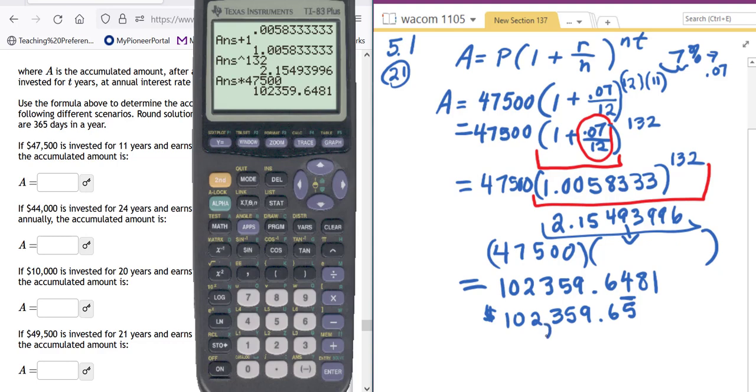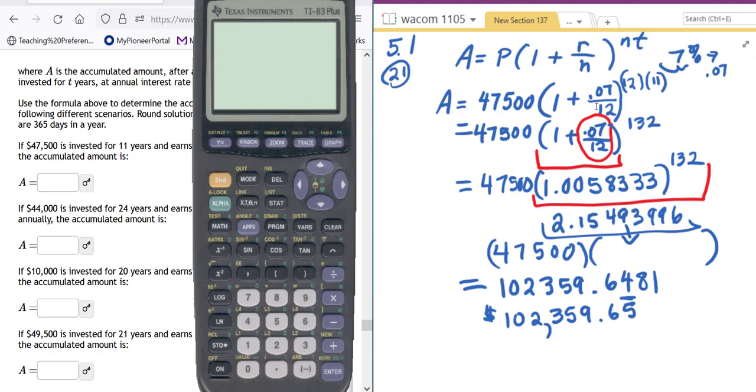Now, if you don't want to be as conservative as I am, and you wanted to put more in your calculator at one time, you could, as long as you never hit enter and you're very careful. All right, so if you go ahead and start from the beginning, 47500, use your parentheses, 1 plus 0.07 divided by 12, close your parentheses. You're going to raise it to a power.